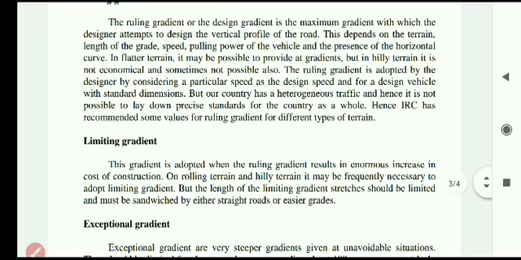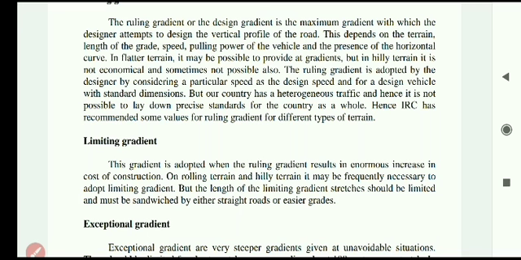A limited amount of gradient is provided, and that is known as limiting gradient. Ruling gradient is the maximum gradient which is provided on the stretch of road for higher speeds. So on plain roads, wherever we give it, those are all called ruling gradients. Whereas in some conditions ruling gradient becomes costlier, meaning it requires some filling of the soil or some cutting of the soil.